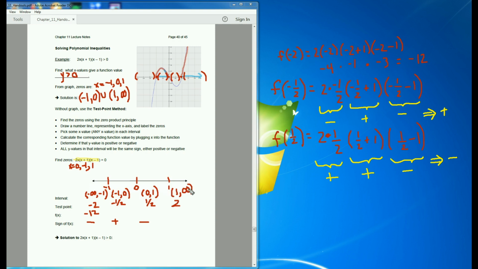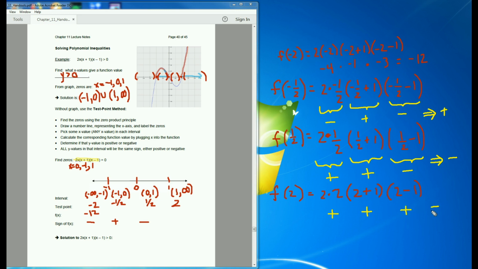Our last interval is 1 to infinity. Our test point is 2. If we look at f of 2, it's 2x, so that's 2 times 2, and then times x plus 1, 2 plus 1, and then times x minus 1, 2 minus 1. 2 times 2 is positive. 2 plus 1, that's 3, is positive. 2 minus 1, that's 1, is positive.